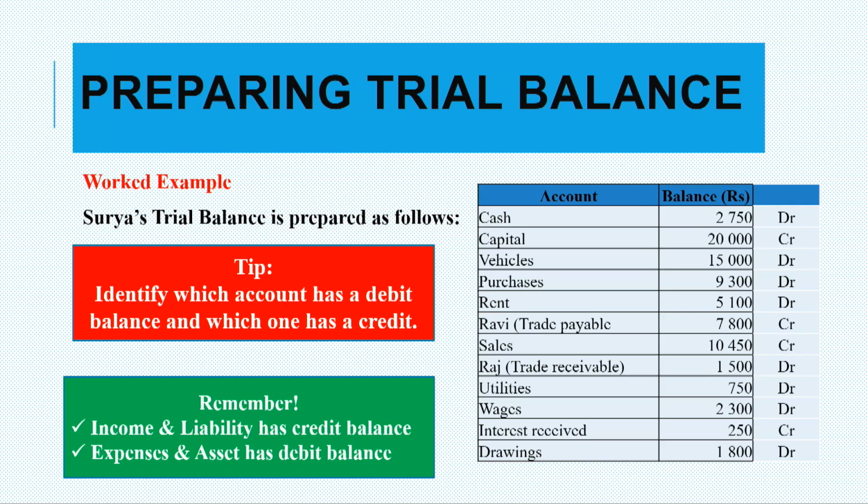Interest received is income that has been received by the business, therefore we write credit next to it. And finally, we have drawings, which means that money has gone out of the business, therefore we write debit next to it.